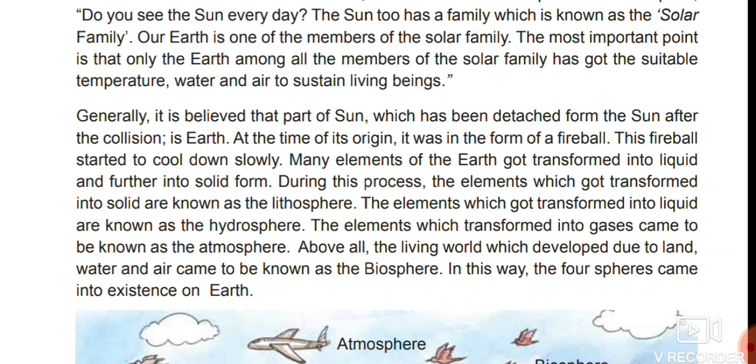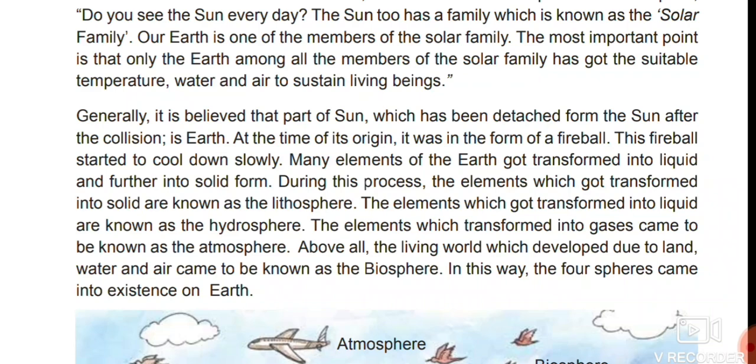In this way, the four spheres came into existence on Earth. Which are the four spheres that we learned? First, what took the form of solid was lithosphere. The second, the elements which transformed into liquid, were hydrosphere.